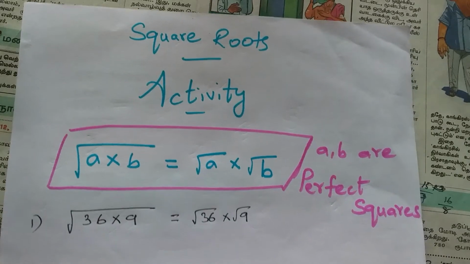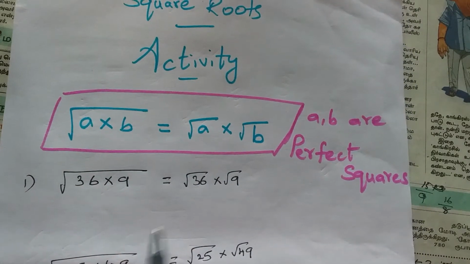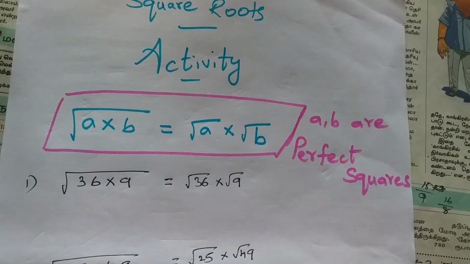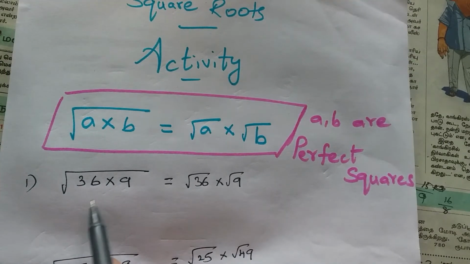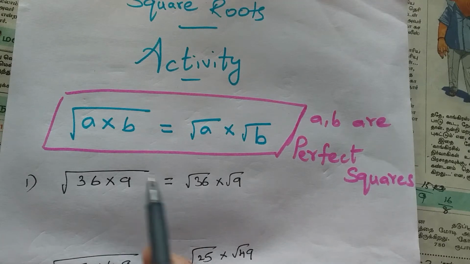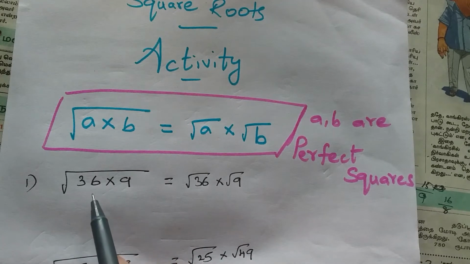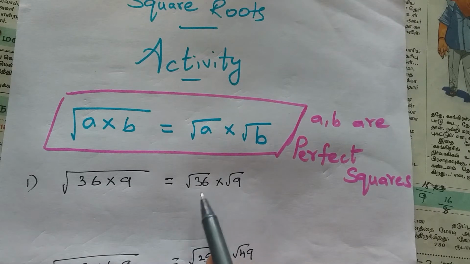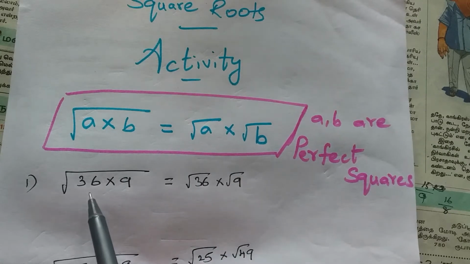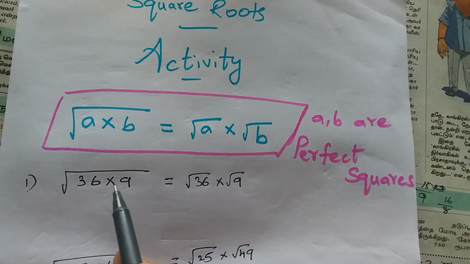And where are we using this? When you get bigger numbers like root of 36 into 9. When you multiply 36 into 9, it's going to become a bigger number, then we have to find the square root for such a big number. Instead, you split it like this. It is very easy to find the square root because before you multiply, the numbers are very small. Naturally, when you multiply two numbers, what happens to the answer?